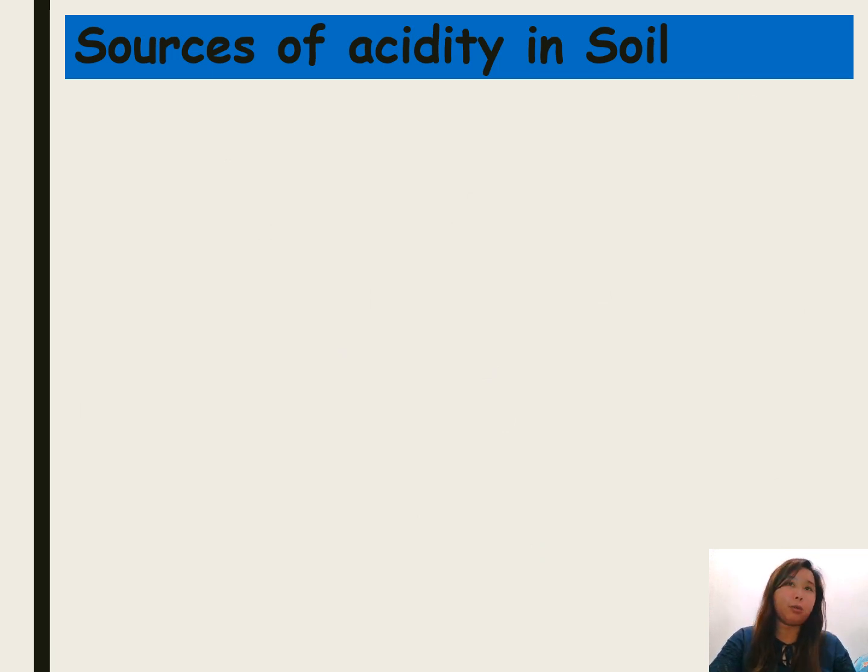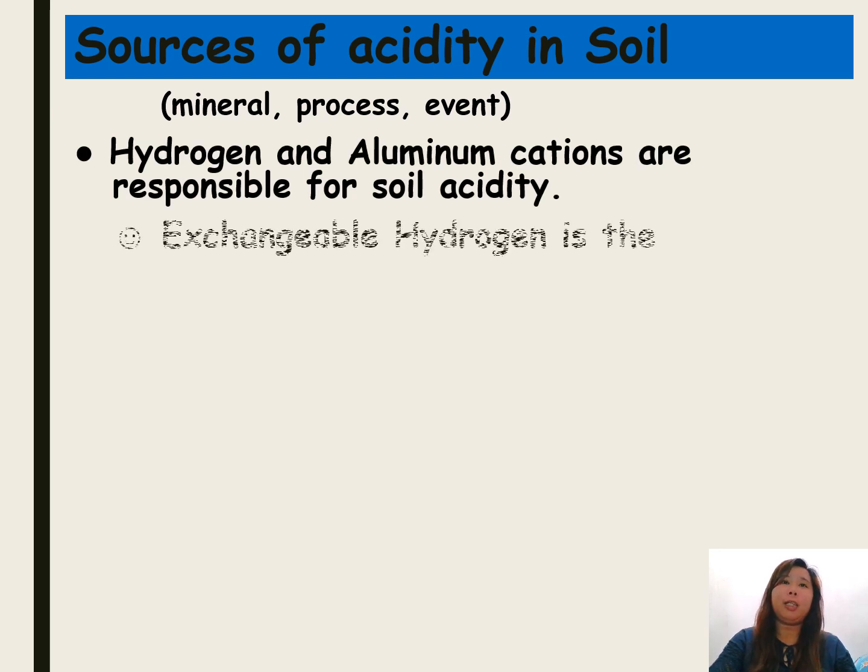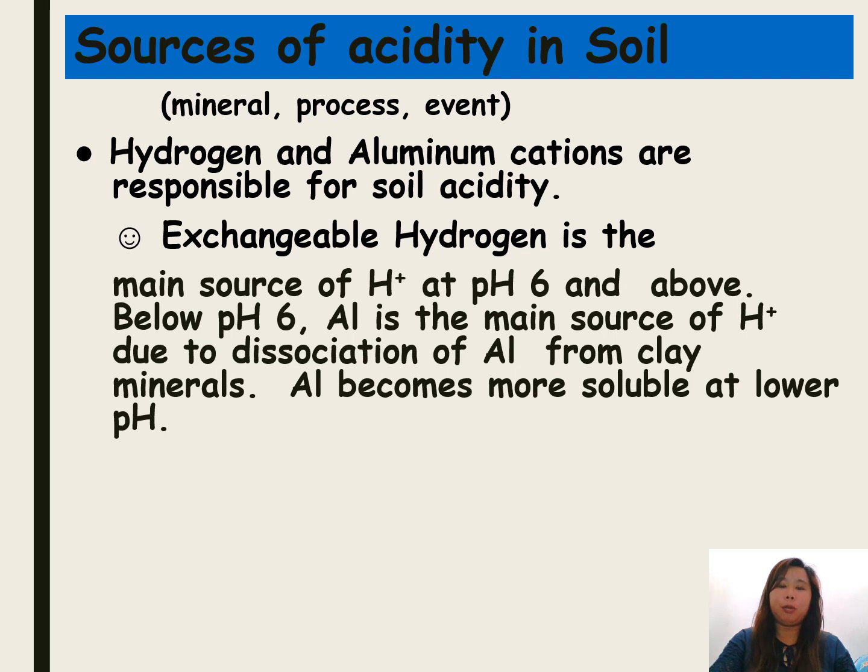So there are different sources of acidity in soil. In fact, hydrogen and aluminum cations are responsible for soil acidity. Those are the major elements making the soil acidic. Exchangeable hydrogen is the main source of H plus, or hydrogen ion, at pH 6 and above.